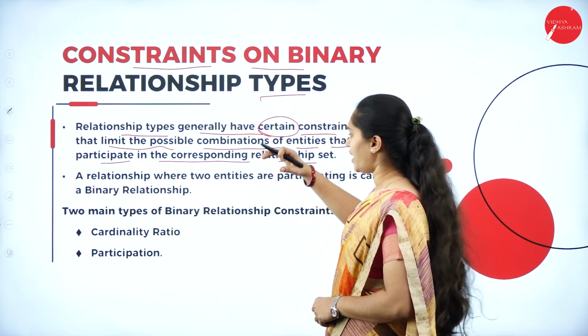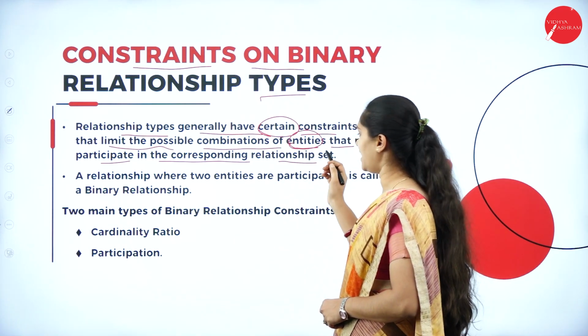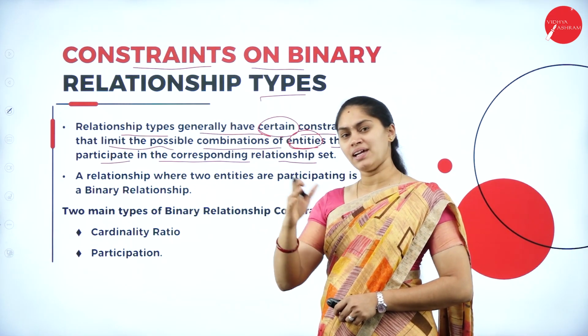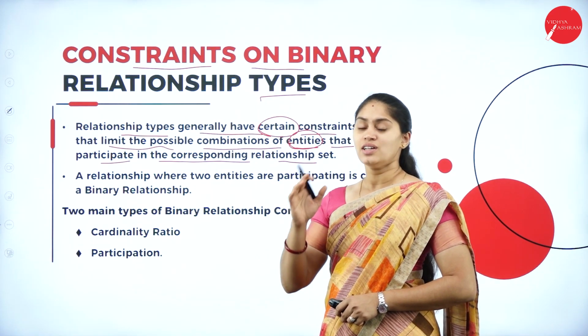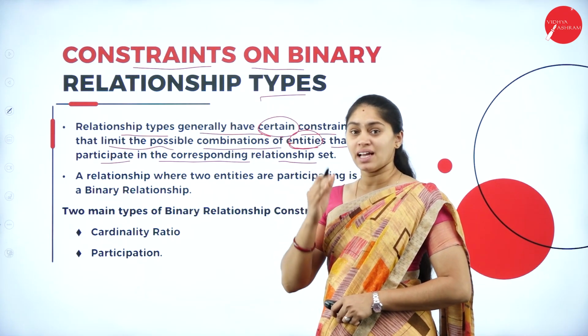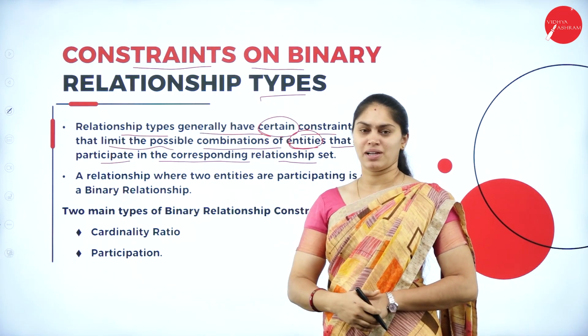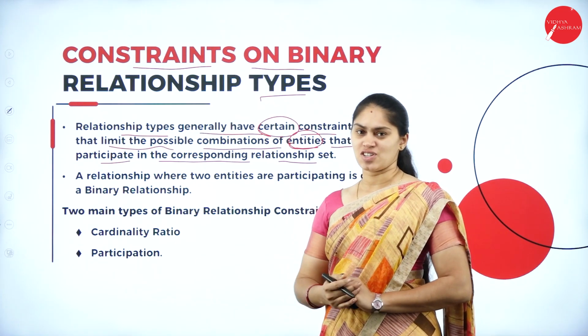So here we are restricting the number of combinations of an entity that will be participating in a relationship set. How many entities should participate in a relationship, that we call a constraint, that is limiting the participation of an entity in the relationship set.